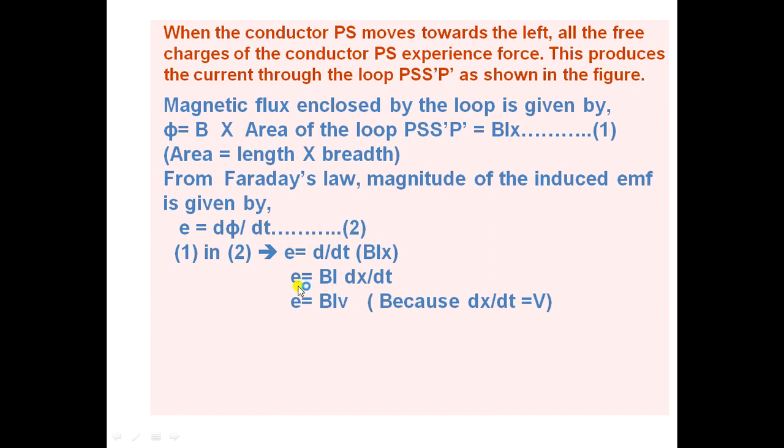So E is equal to B into L into dx by dt. But dx by dt is equal to v, because velocity is the rate of change of displacement. So v is equal to dx by dt, and because of that, E is equal to BLV.